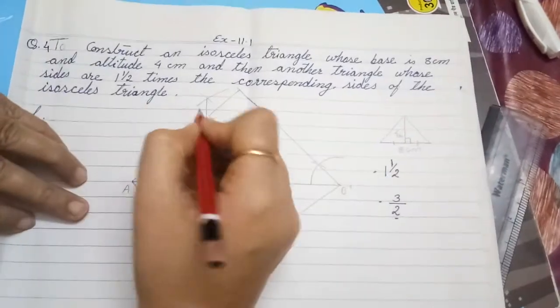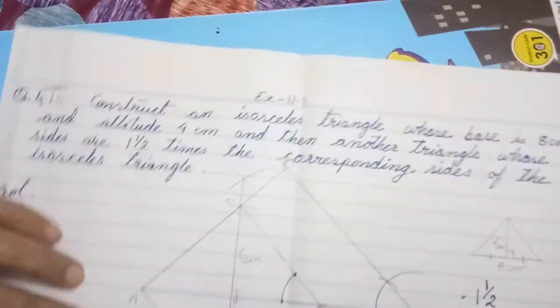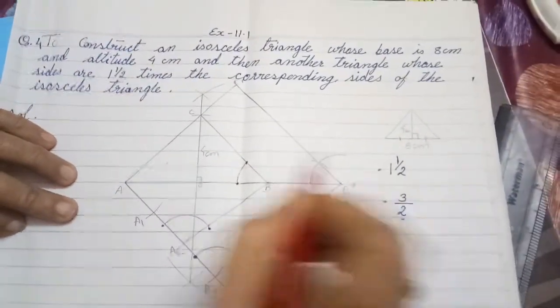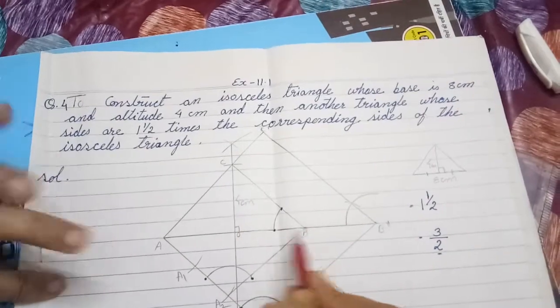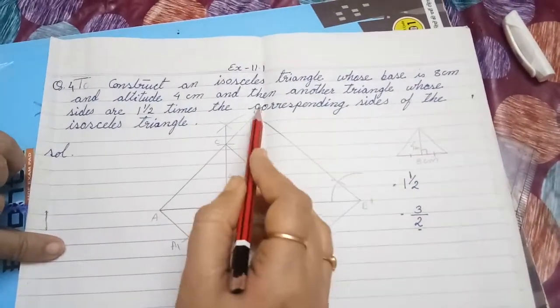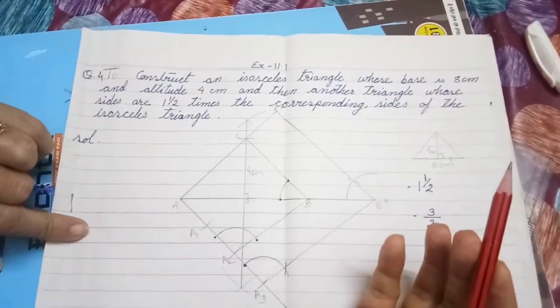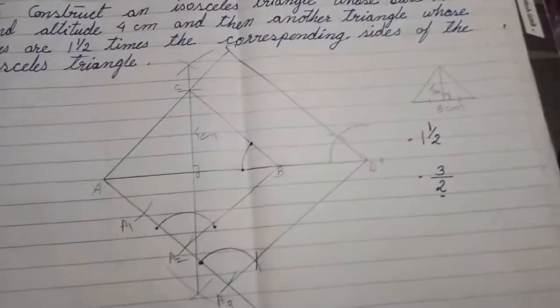So it is A, B and C. So the new points will be C dash, B dash. So here A, B, C is our old triangle and A, B dash, C dash is our new triangle. This is how your construction is ready.